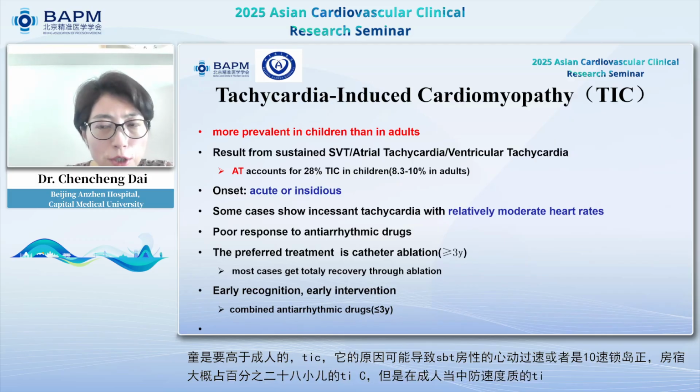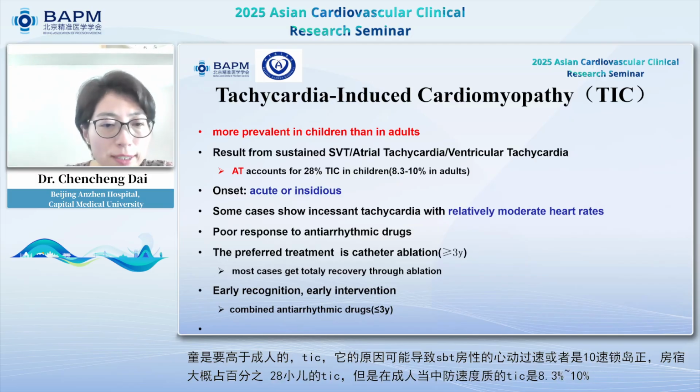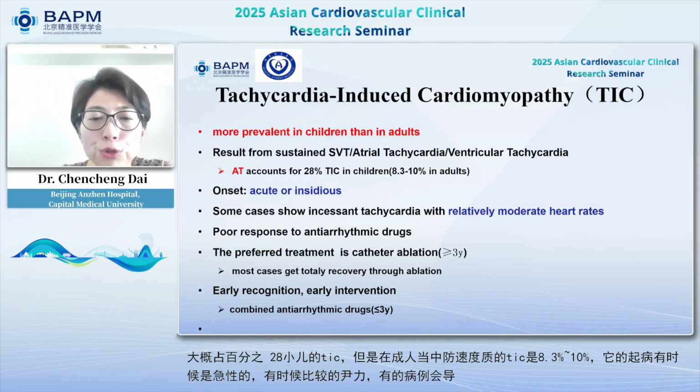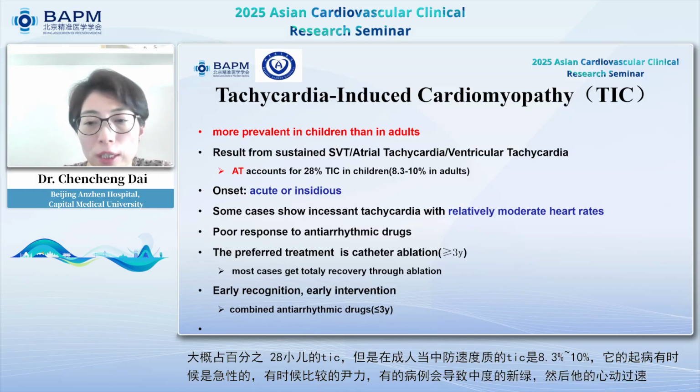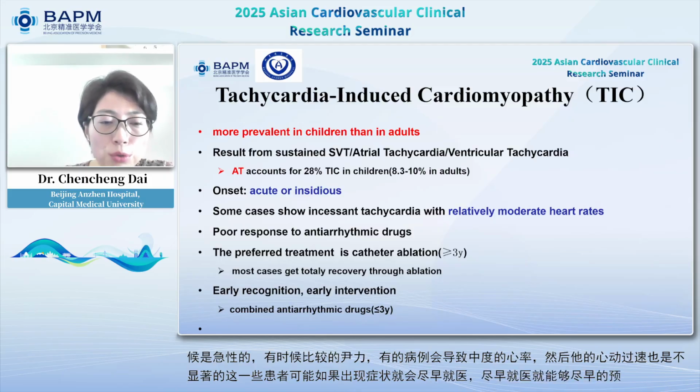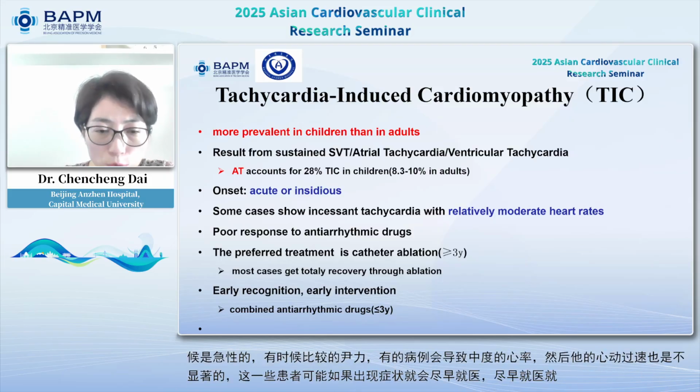The onset of TIC can be acute or insidious. Some cases showed incessant tachycardia with relatively moderate heart rates. If children had rapid heart rates, maybe they would go to the doctor earlier, and it could prevent the happening of TIC. TIC usually had a poor response to antiarrhythmic drugs.